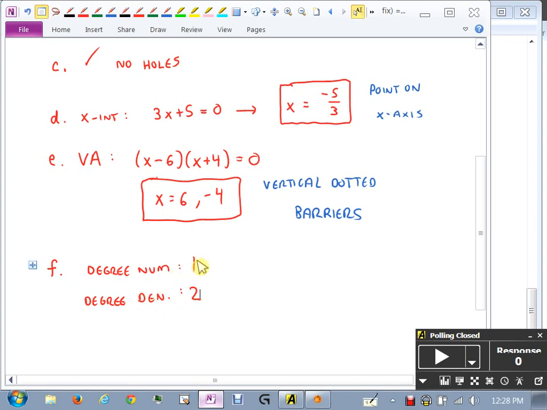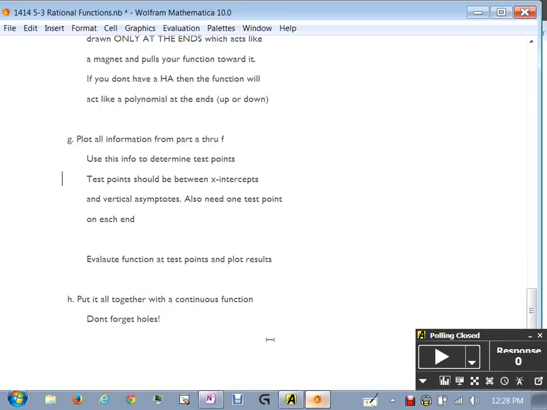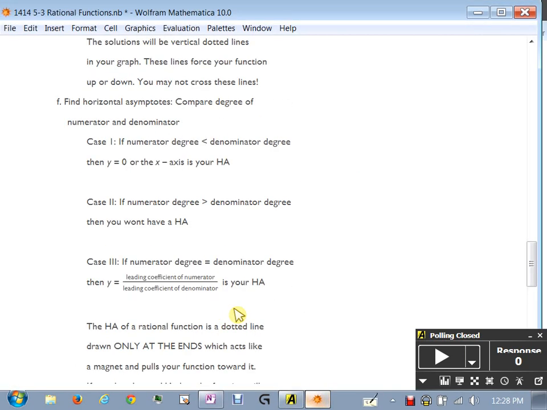The degree of the numerator is 1, denominator is 2. So this is where I had the mistake on your page, right? The numerator's degree, 1, is smaller, right, than the denominator's degree, which was 2. So we are in case 1. With me?